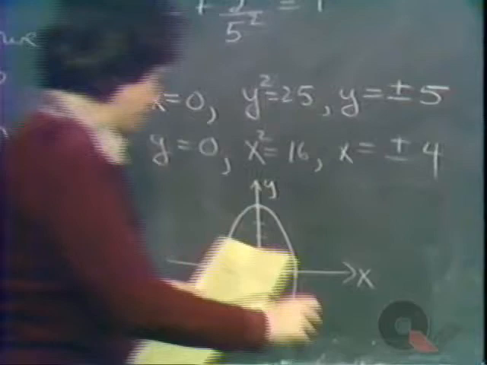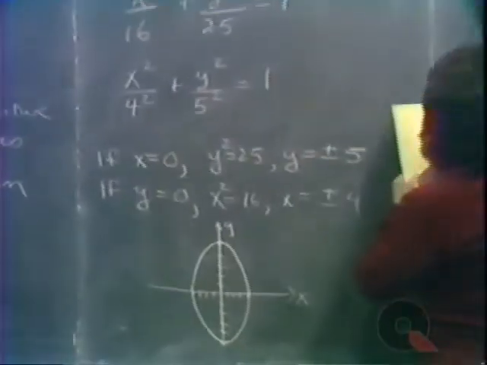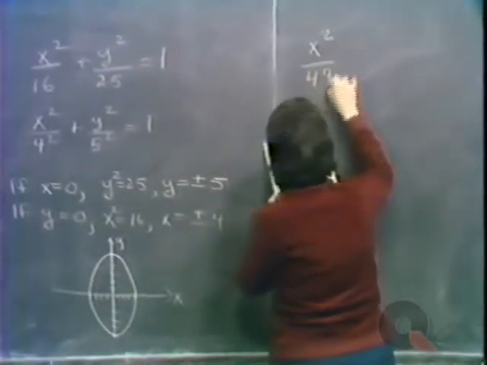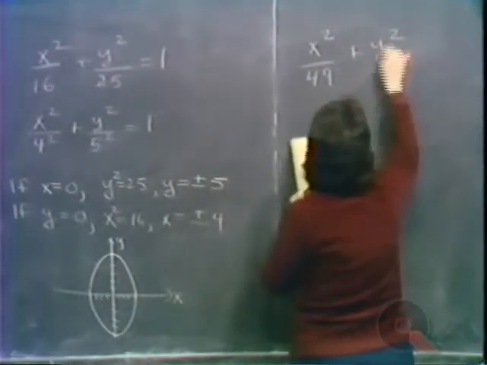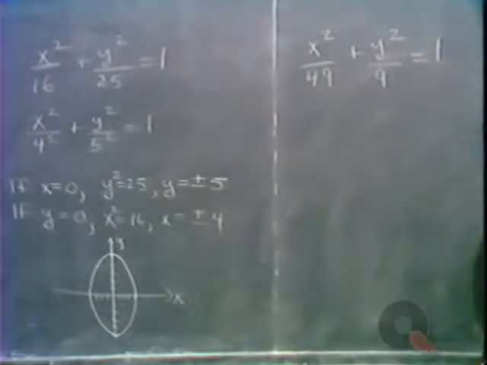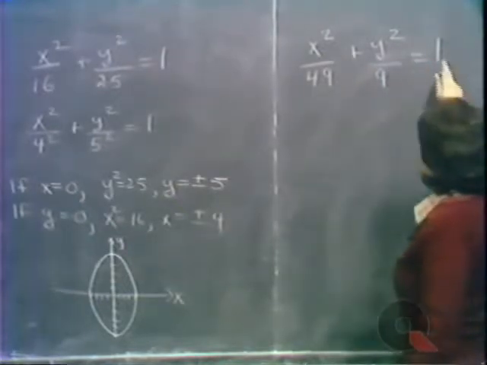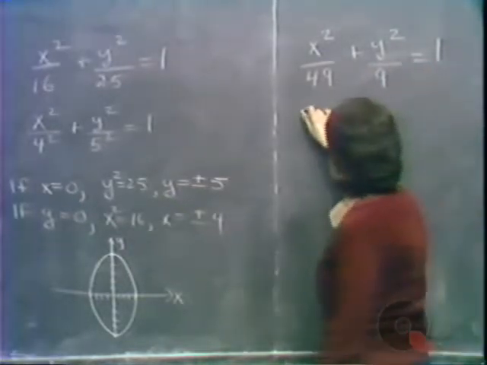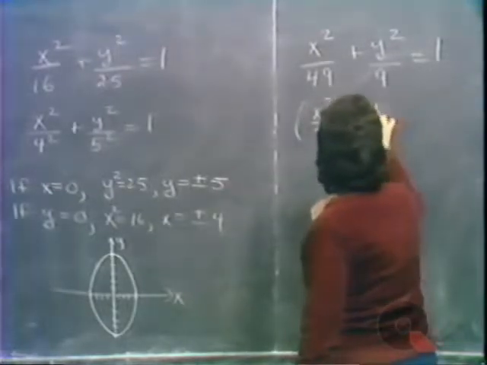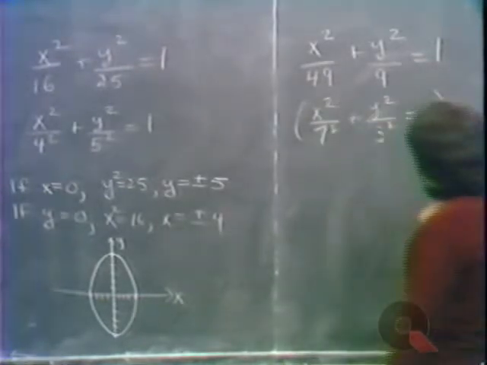Let's look at another one. Let's sketch the graph of x squared over 49 plus y squared over 9 is equal to 1. Once again, this is in the form x squared over a squared plus y squared over b squared equals 1. This could be thought of as x squared over 7 squared plus y squared over 3 squared equals 1.